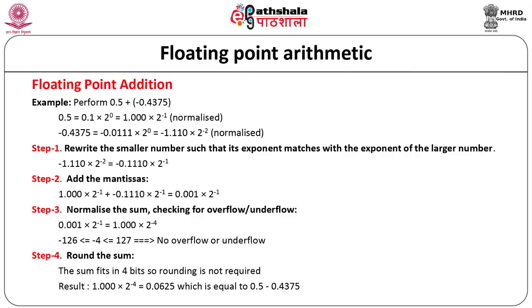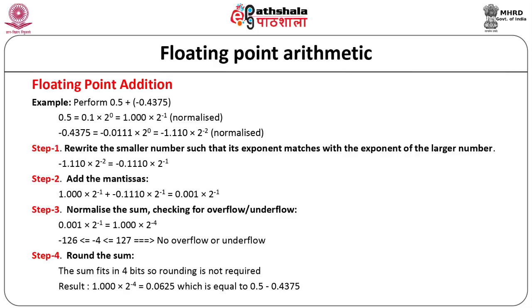In this section, let us begin with the interesting part, that is floating point arithmetic. We can perform all basic arithmetic operations with floating point. Let us start with floating point addition. The procedure is: first, rewrite the smaller number such that its exponent matches the exponent of the larger number.